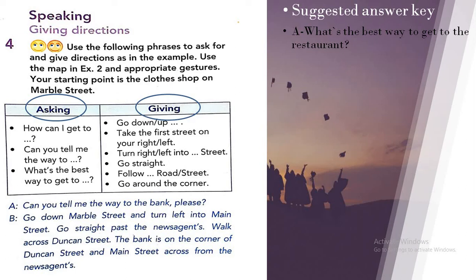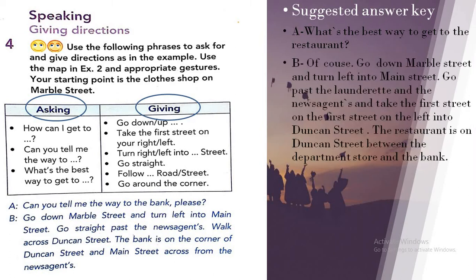So A, what's the best way to get to the restaurant? Okay, as I said, keep your eye on the map, page 76. So as an answer, of course, go down Marble Street and turn left into Main Street.